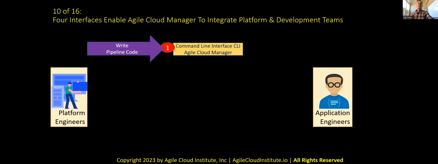Your platform engineers write pipeline code that utilizes the Agile Cloud Manager's command line interface, while your application engineers can contribute to requirements for the pipelines and can also use the pipelines.